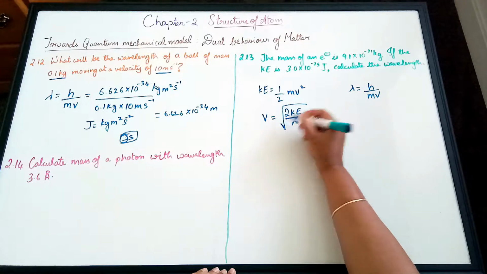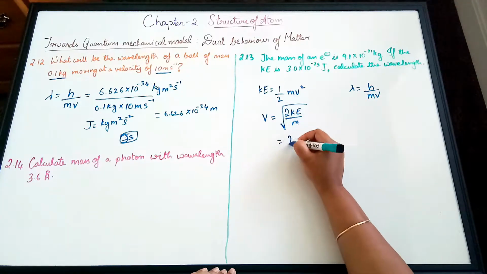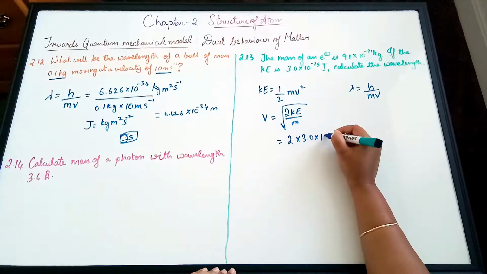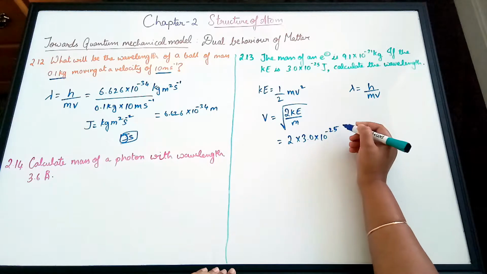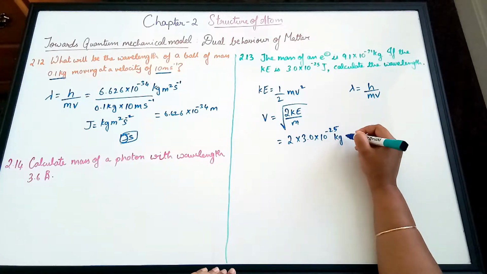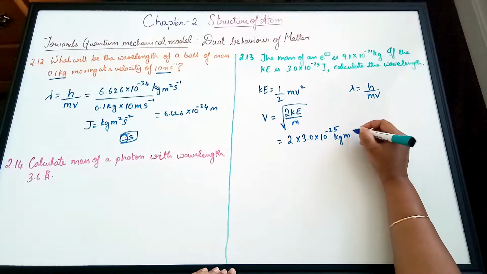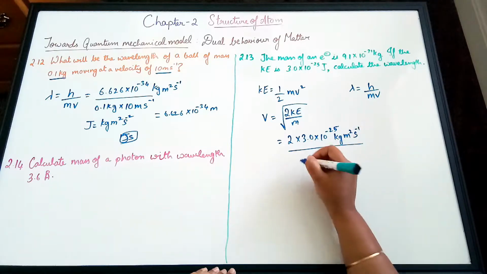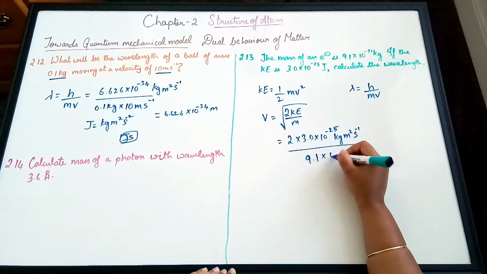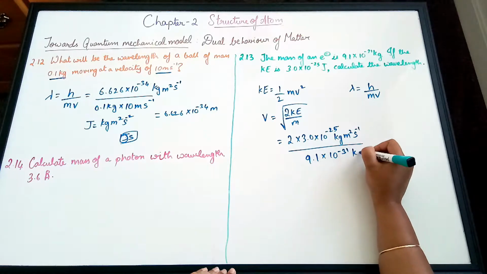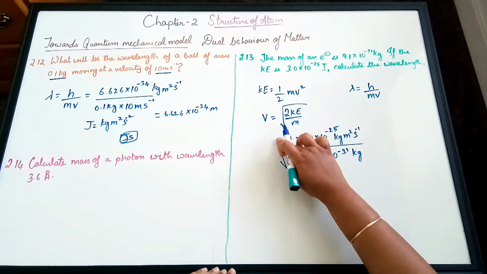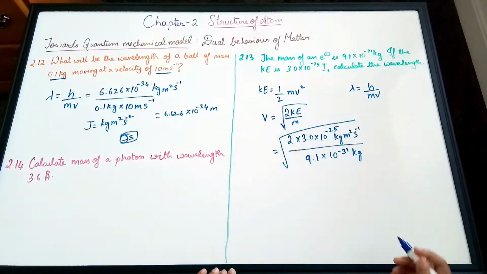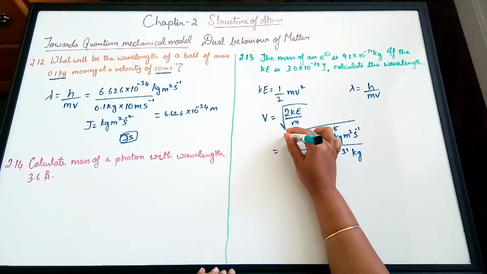So whole root, because it's v square, so we substitute the values: 2 into 3.0 into 10 to the power minus 25 joules, which is nothing but kilogram meter square second to the power minus 2, divided by mass, which is 9.1 into 10 to the power minus 31 kilogram, and whole of this is under a root. Sorry for this, let me just draw it again.